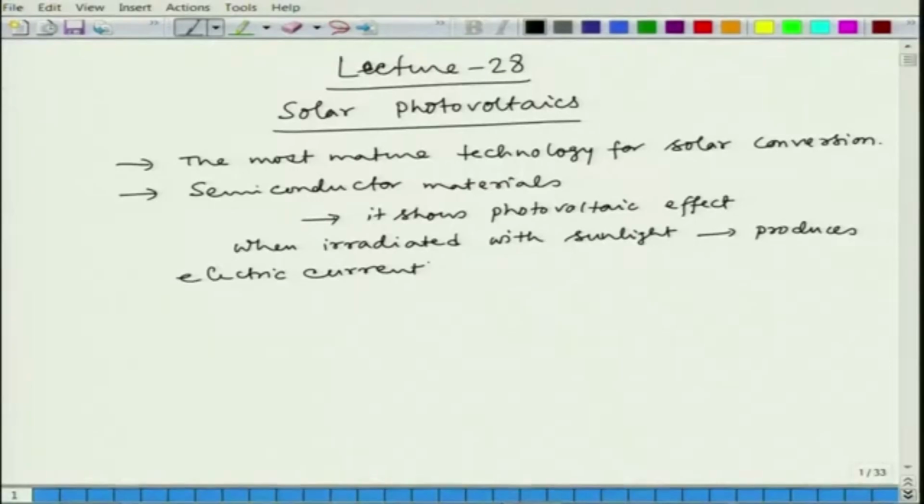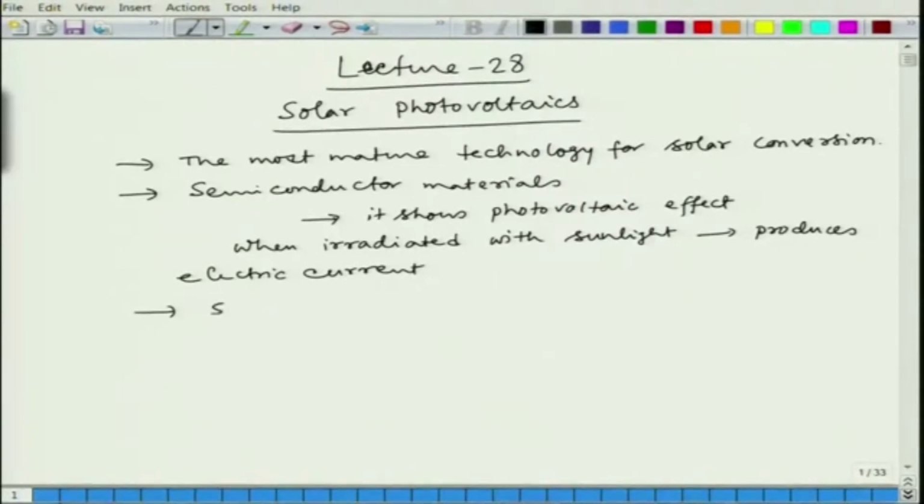Okay. So, the energy which is coming in the form of light and heat through the sunlight is getting converted into electrical current. This is why these semiconductors are essential.